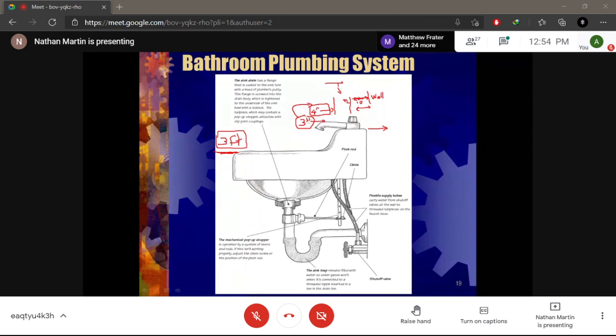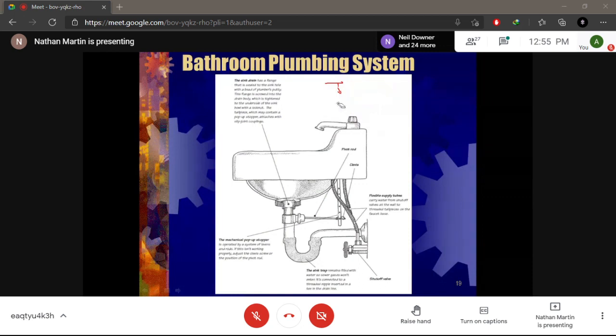So it's standard to use 4-inch as your ground level sewage pipes and 3-inch as your upper floors sewage pipe. All right, so that's really a rundown of what the system will look like.